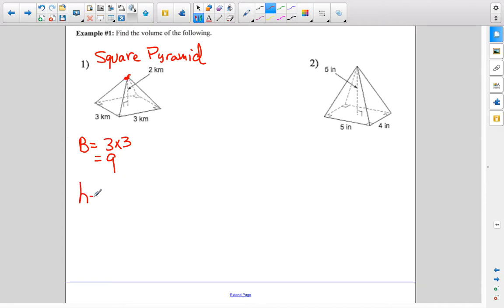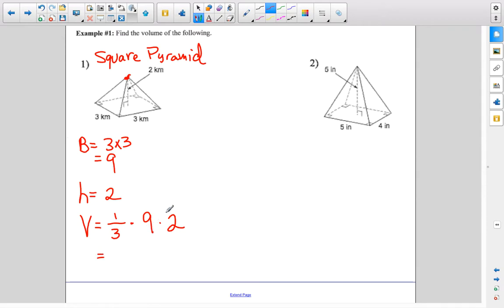The height is the perpendicular height from my vertex to the middle of my base. And so it's showing me here that that height, that perpendicular height, is 2. So now remember, to find your volume, we have to insert this 1/3 times our area of our base times the height of the pyramid.